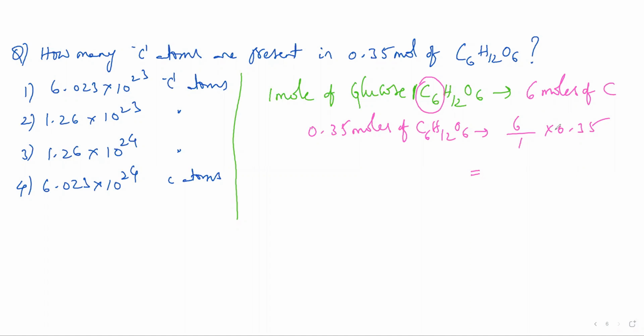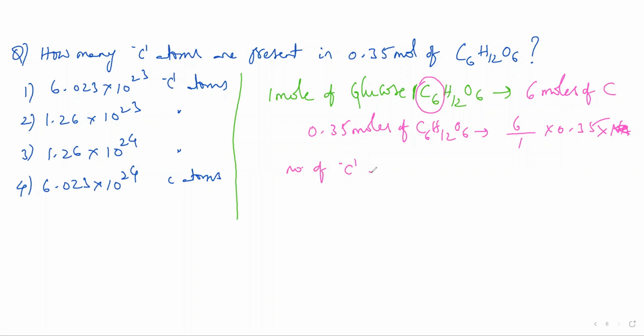2.1, sir. 2.1. But what do we need actually, do we need moles or number of atoms? Number of atoms. So multiply with Avogadro's number so that you'll get number of atoms.